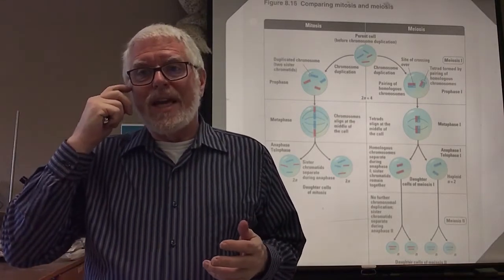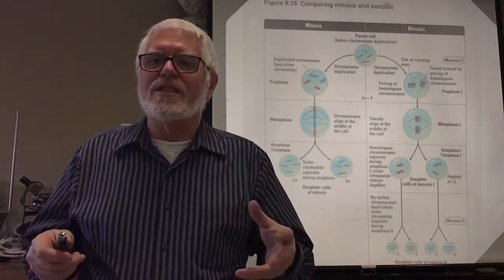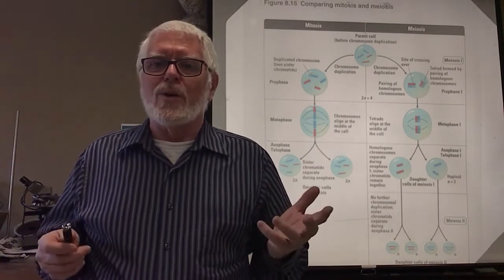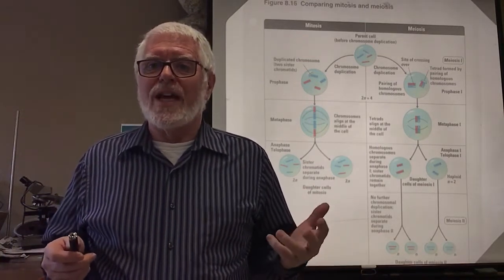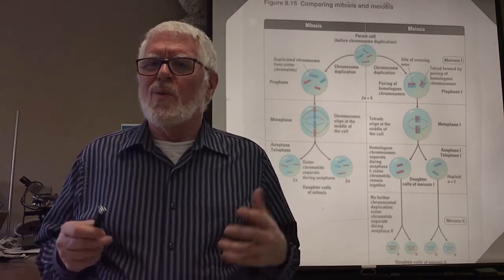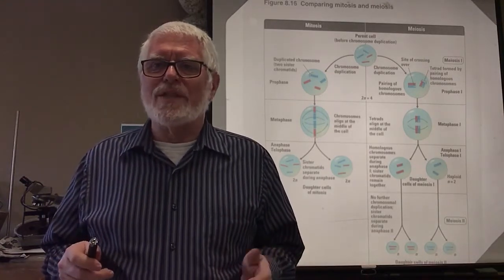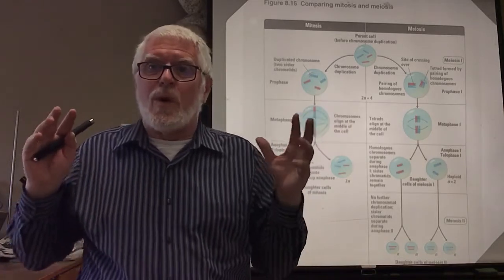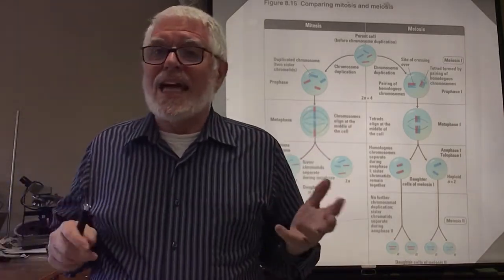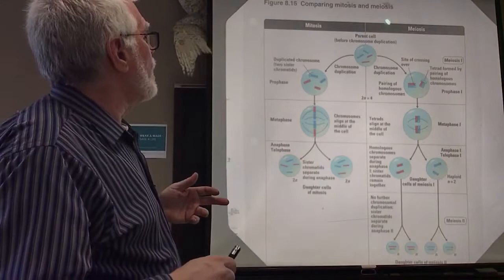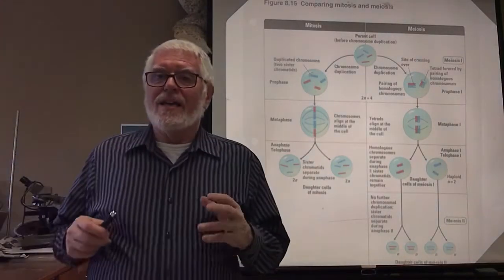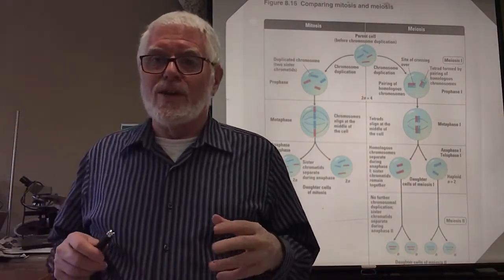So you're getting ready to make some sort of production system. What do we do? We make copies of all of your DNA. In both cases, DNA is duplicated during interphase.